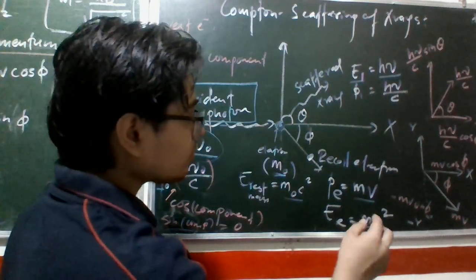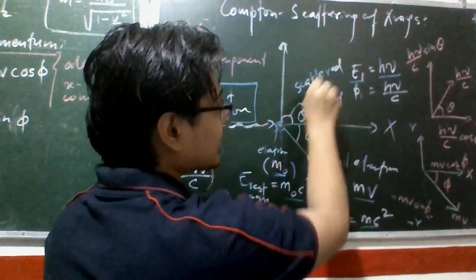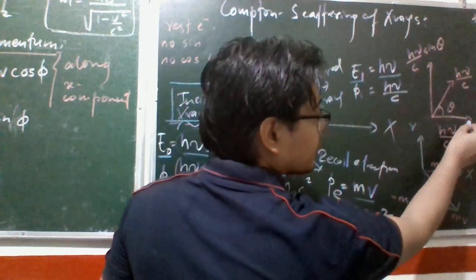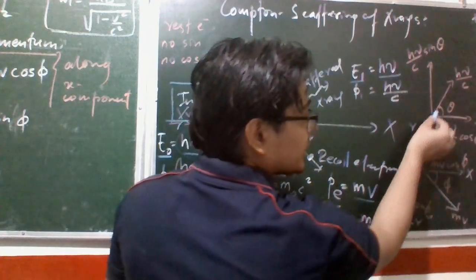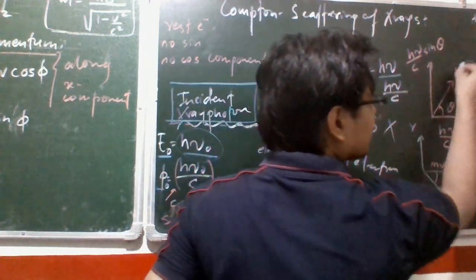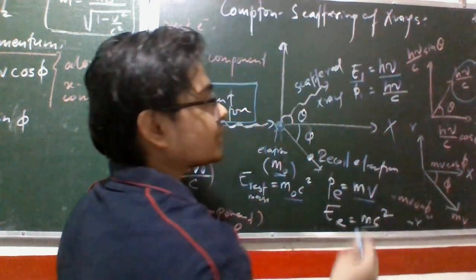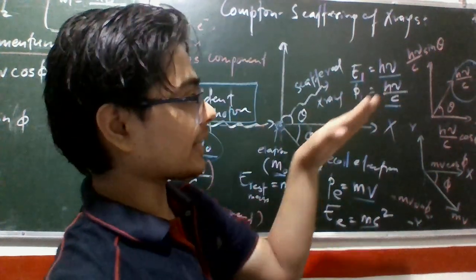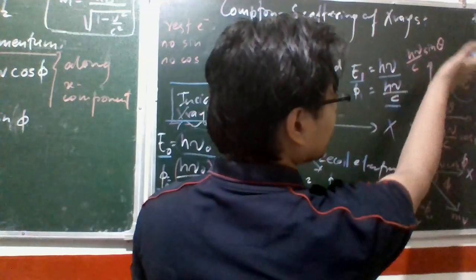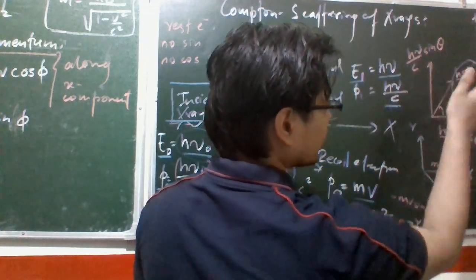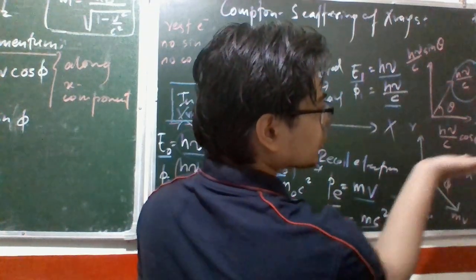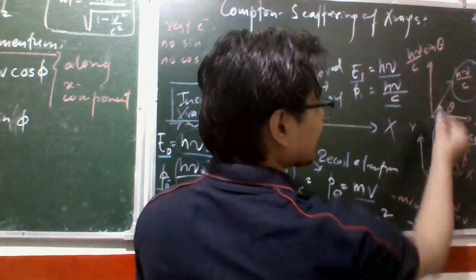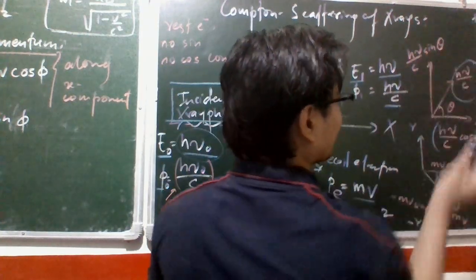Similarly, if you see this scattered X-ray, it can be denoted by this diagram here, where this vector represents the momentum of the scattered X-ray. And if you see the cos component of it, it is given by h nu by c cos theta, and the sine component is given by h nu by c sin theta.